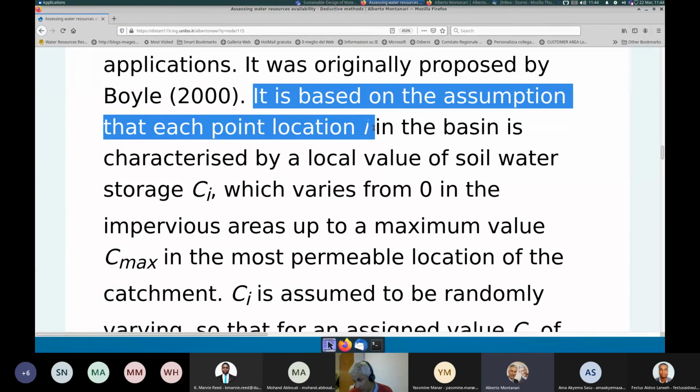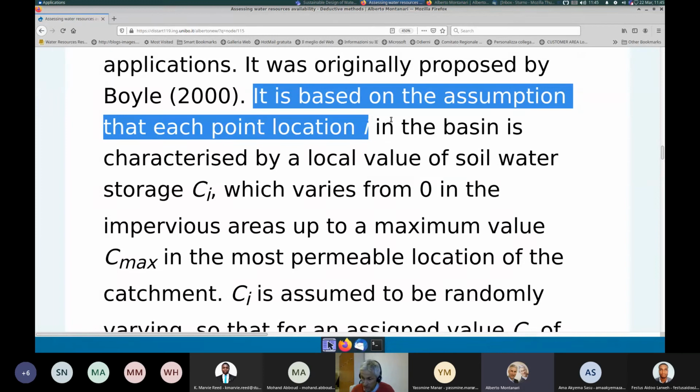To deal with heterogeneity, okay? Because keep in mind that the linear reservoir is a lumped model. It's fully lumped, which means that heterogeneity is neglected. Heterogeneity of what? Heterogeneity of rainfall, of infiltration capacity, of lithology, geology. Everything is ignored.